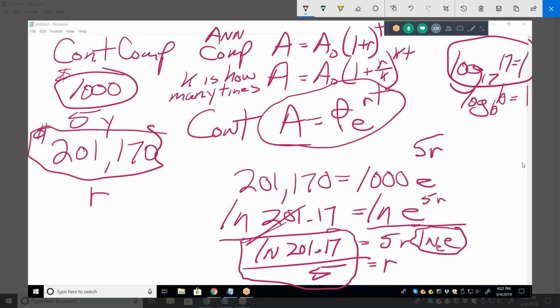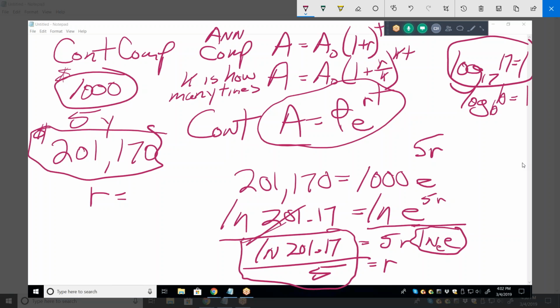Yeah, I'll grab it real fast. Okay, I got it. Do the natural log of 201.17. Take that answer, divide it by 5. And we will round it off just for the sake of what kind of interest rate this guy is getting. Must be like 200% a year.